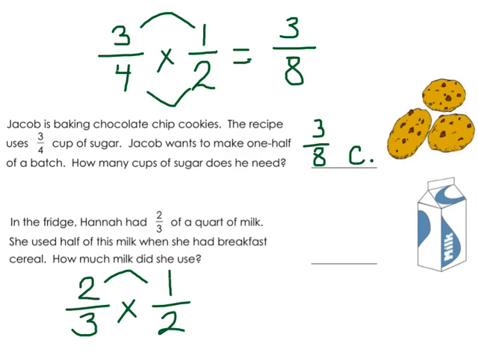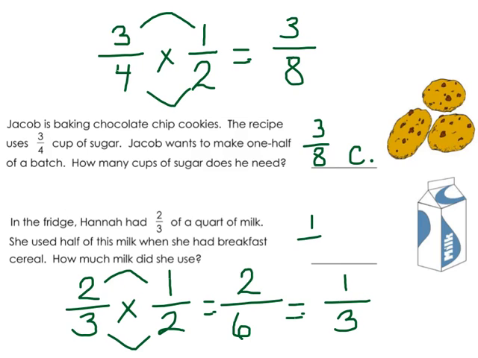So I'm going to multiply 2 times 1 and get 2, and 3 times 2 and get 6. I can simplify that, divide by 2s, and 2 divided by 2 is 1. 6 divided by 2 is 3. So she used 1/3 of a quart.